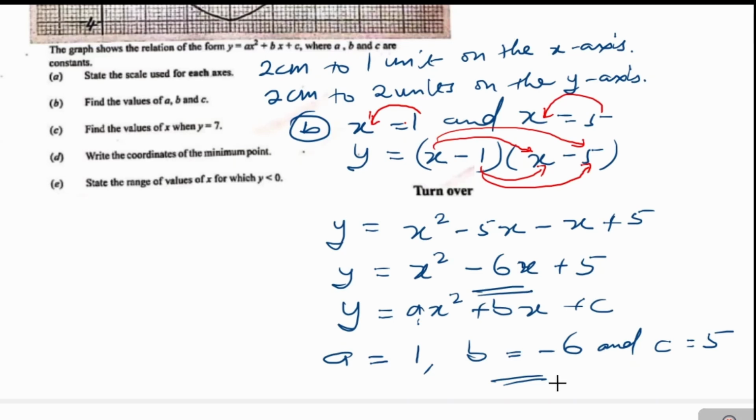But then this method of turning roots into factors is the easier option to use when the roots or the solutions of the quadratic equation are whole numbers, or when the x-intercepts are whole numbers. But I would like to use a second method for when the x-intercepts are not whole numbers.